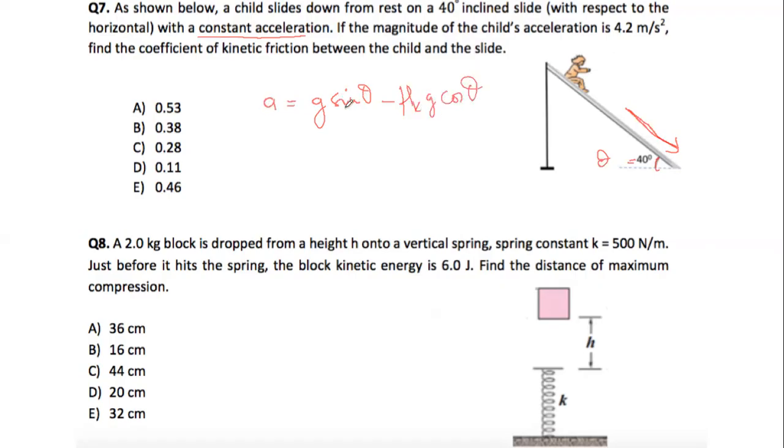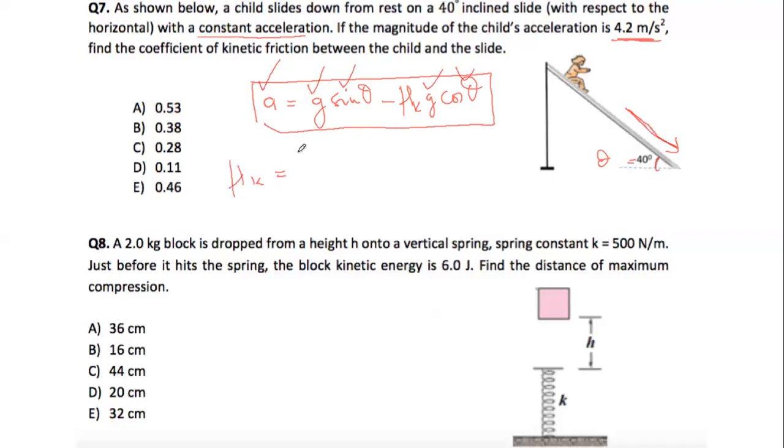We have shown this many times. You can use Newton's second law, and then you will find that this is the acceleration. I will not demonstrate it because we did it many times. So here I give you the magnitude of acceleration. I give you this, you know this, you know this. My only unknown is mu k. Let's write mu k.